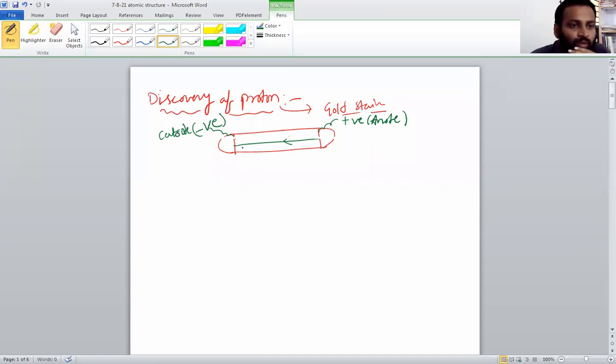So what he said: opposite to the path of cathode rays, anode rays travel from the anode to the cathode. This is the most important point. These are also invisible. Here you have a screen at the cathode terminal. You connect it with the high voltage battery, same story, but in this way.